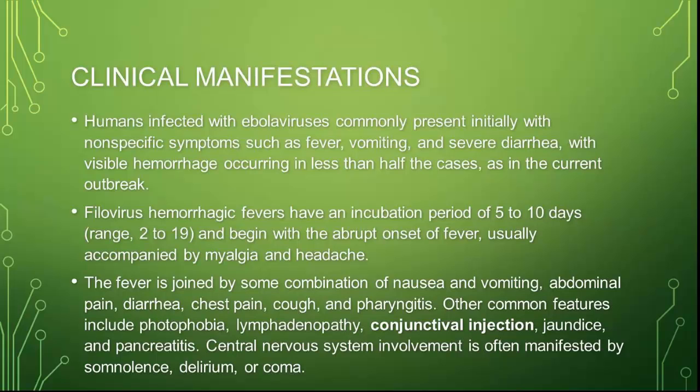They have an incubation period of 5 to 10 days and begin with abrupt onset of fever, with myalgia and headaches. Some other symptoms might be abdominal pain, chest pain, cough, and pharyngitis, photophobia, lymphadenopathy, conjunctival injection, jaundice, and pancreatitis. CNS involvement can be manifested by somnolence, delirium, and coma.